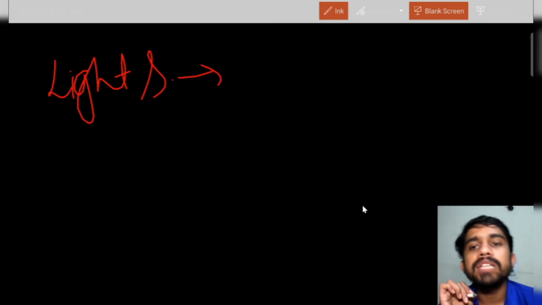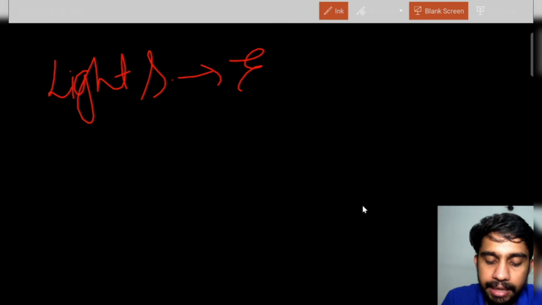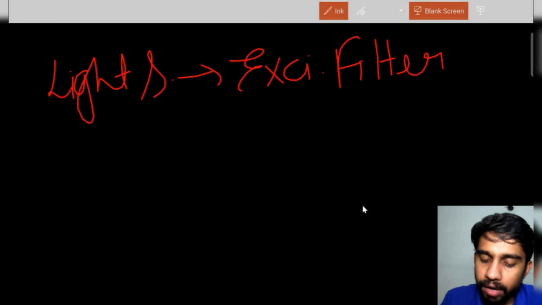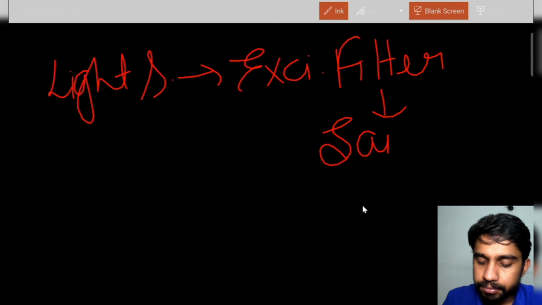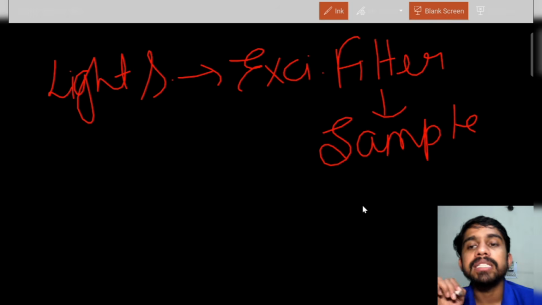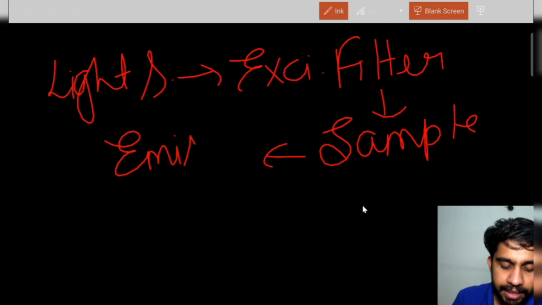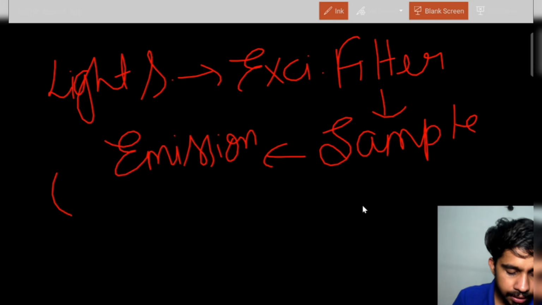After light source there is the excitation filter, and after that we add the sample, and after sample there will be the emission filter, or we can say it a emission or secondary filter.